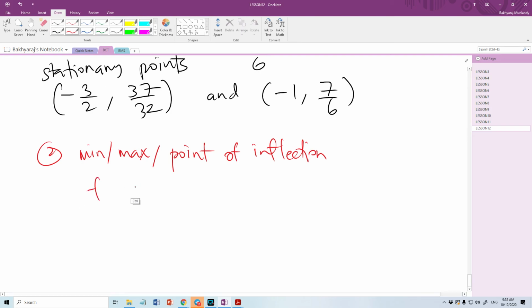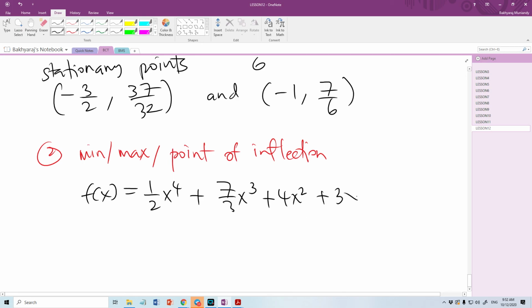So function f(x) just now. Function f(x) ialah sama dengan 1 over 2 x power of 4 plus 7 over 3 x power of 3, then 4x power of 2, and then 3x plus 2.